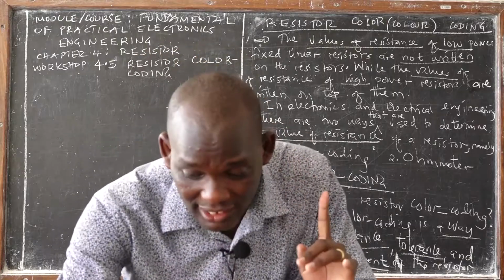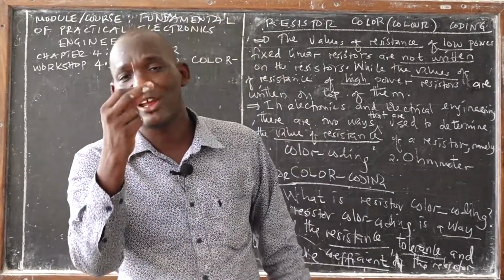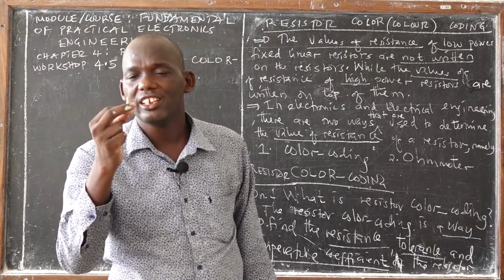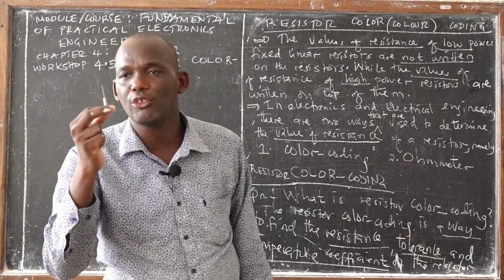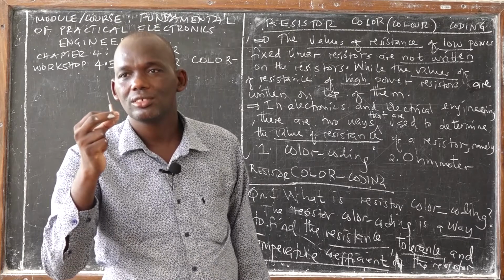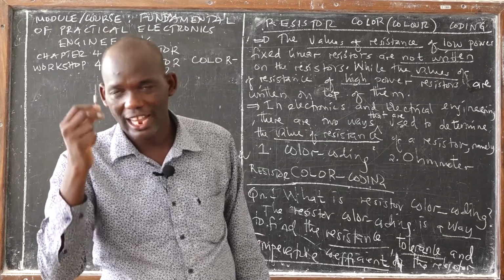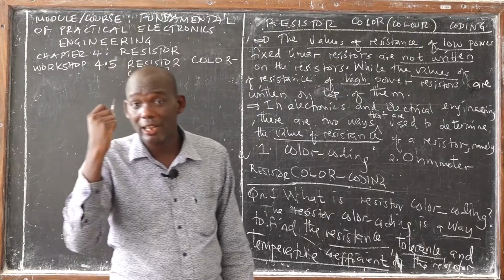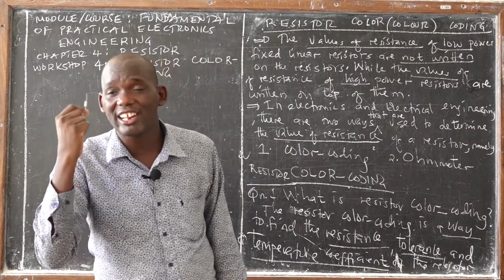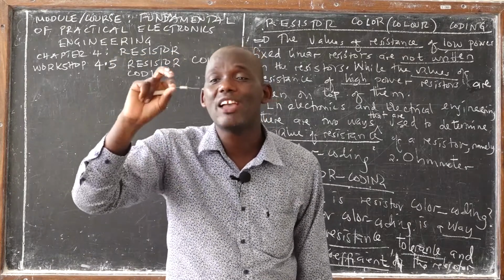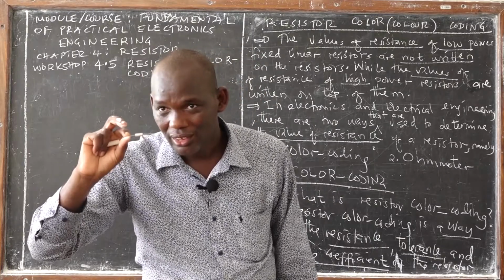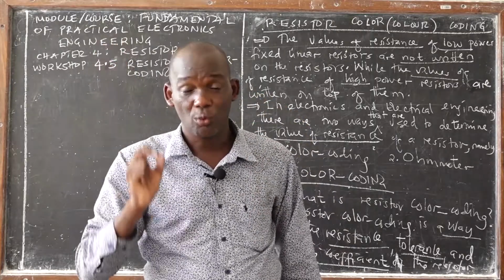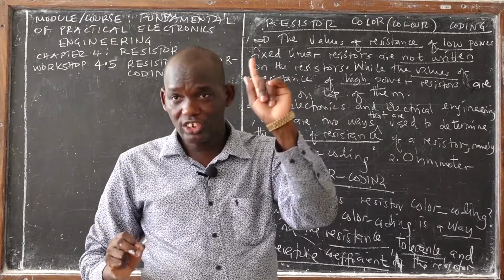You have to practice the concepts of color coding in such a way that whenever you see a resistor like this, you can use your brain to do the calculation and determine its resistance within 20 to 30 seconds.